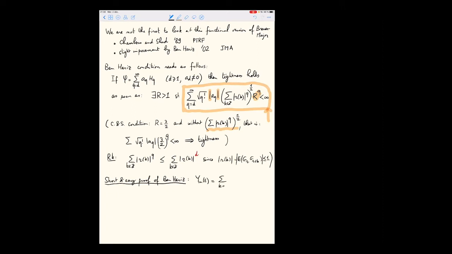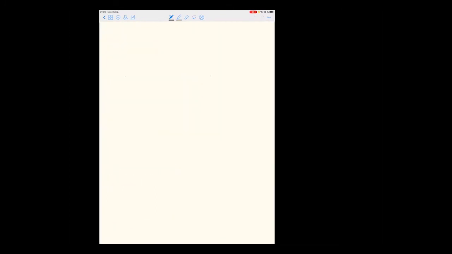is the sum for k from 1 to the integer part of nt of phi of g_k, and my phi, just to remember the notation, is the sum of a_q H_q, q from d to infinity. Okay, so maybe just to keep this on the same sheet, I copy this and I open a new page.